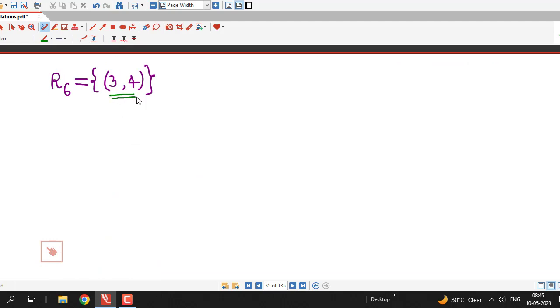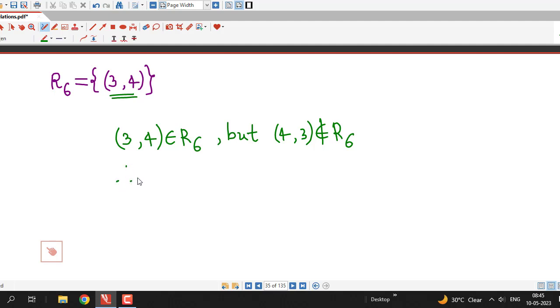Suppose I want to check for R6 equal to {(3,4)}, then we can easily say that this is not symmetric because (3,4) belongs to R6, but (4,3) is not present in R6, therefore R6 is not symmetric.